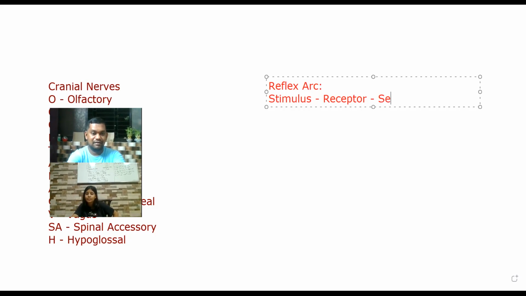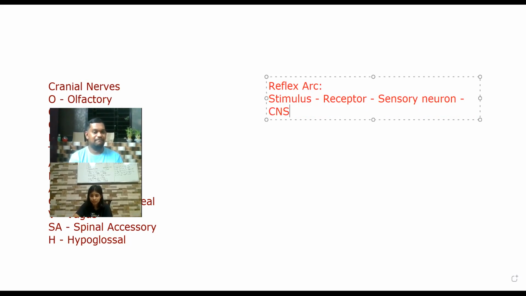The sensory neuron. Where the receptor received the stimulus, across the sensory neuron this stimulus was passed on to the CNS, the central nervous system.